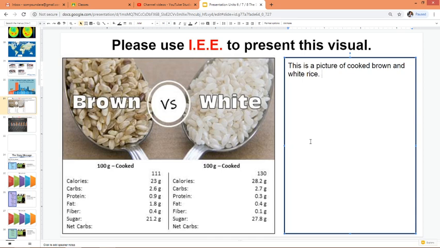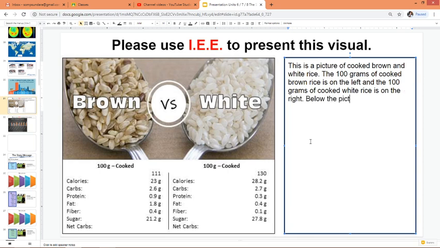Your E, explain. Let's explain the picture. The 100 grams of cooked brown rice is on the left, and the 100 grams of cooked white rice is on the right.